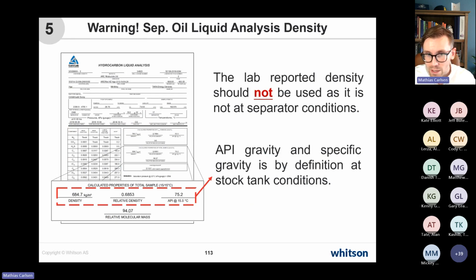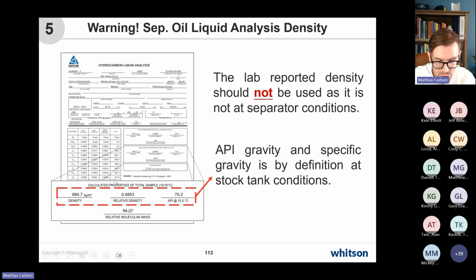One thing we see many times is that API gravity is being used for conditions that are not stock tank conditions. This is a good example of that, where this is the hydrocarbon liquid analysis at separated conditions. The separated conditions are not stock tank conditions, and the API gravity number is defined at stock tank conditions.